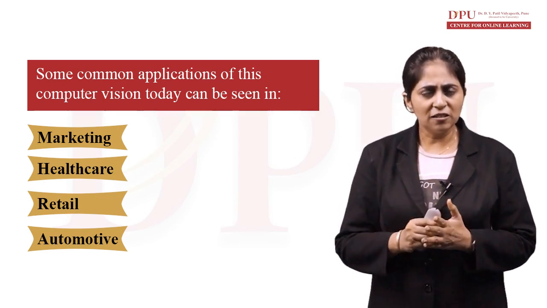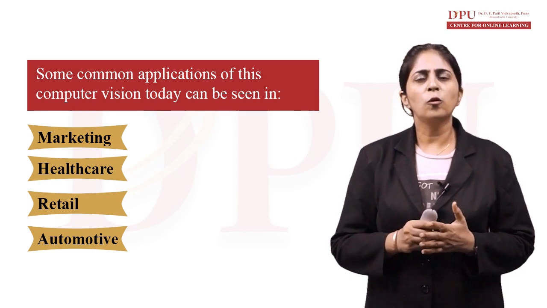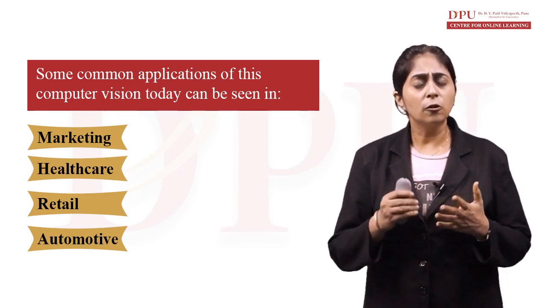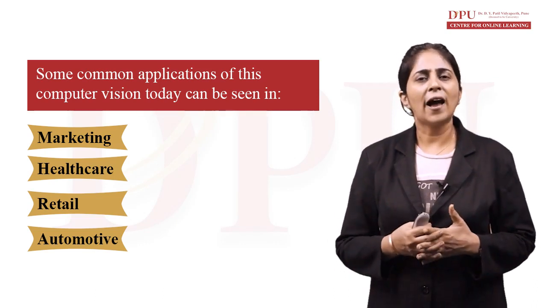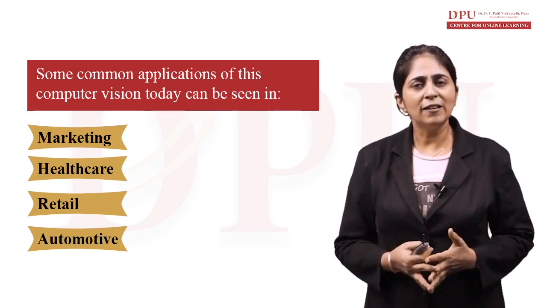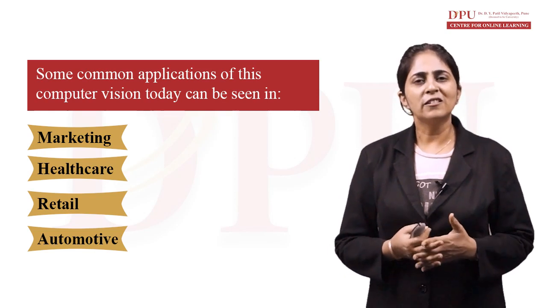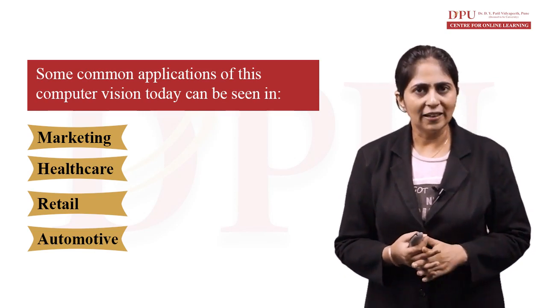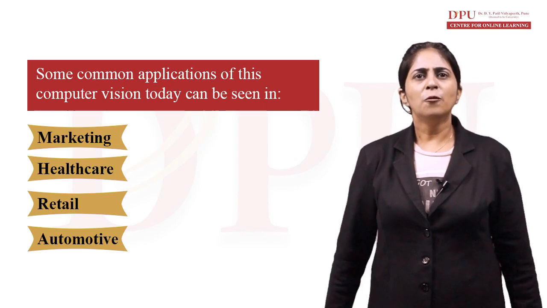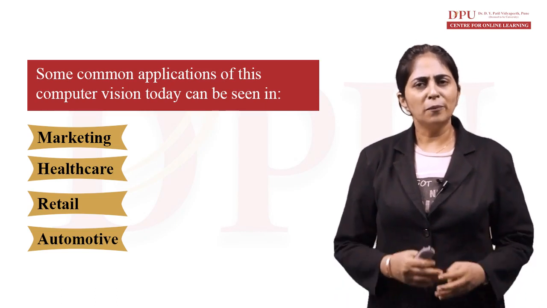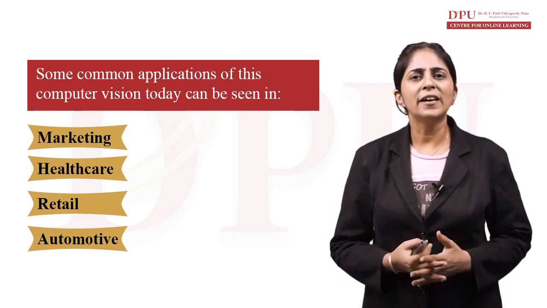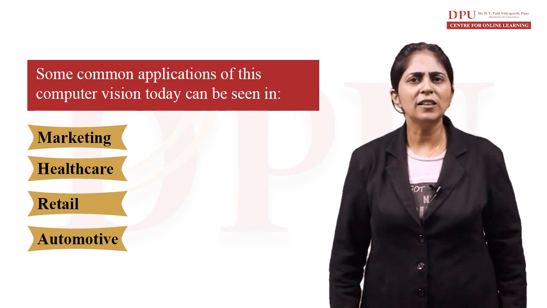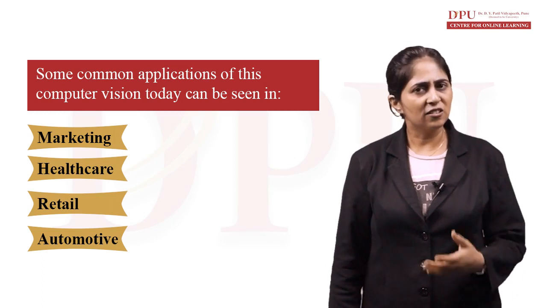Today, computer vision is being applied in the field of automotive. We are surely going to have driverless cars soon, because this works in the field of AI, or we can say deep learning, using features like lane line detection, etc.